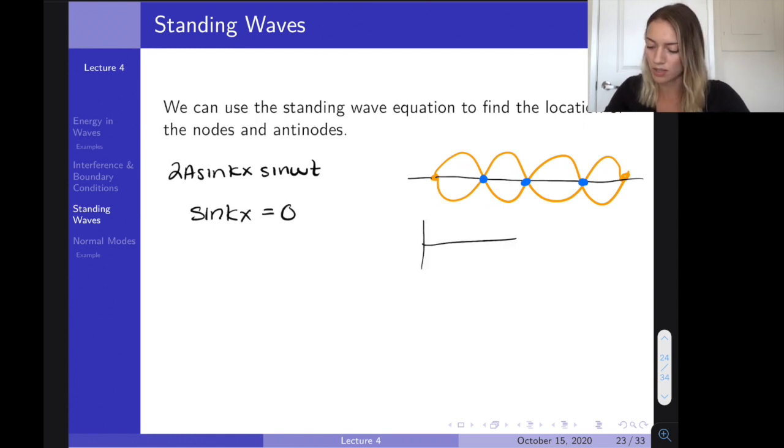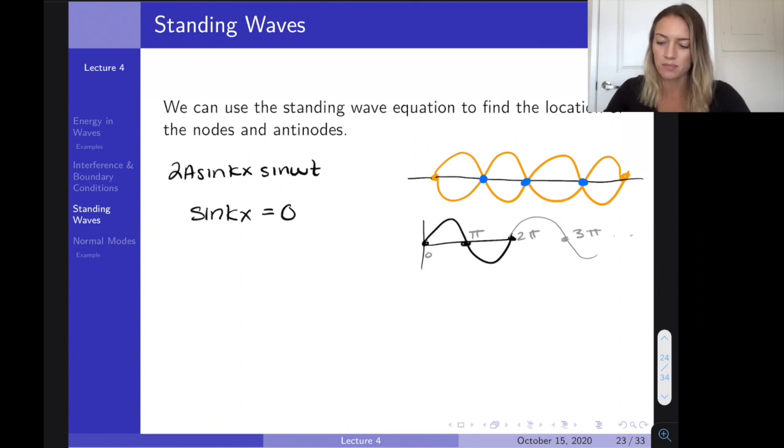Well, you can look at your sine function, and you can see that it is 0 at intervals of pi, right? So we have 0 there, and then pi, then 2 pi, and we'll keep going to 3 pi, and so on. So sine will be 0 at intervals of pi.